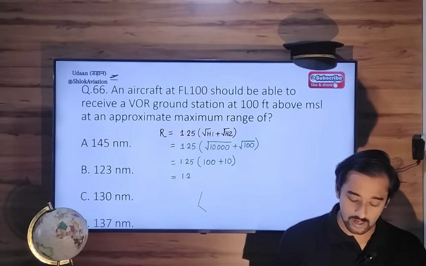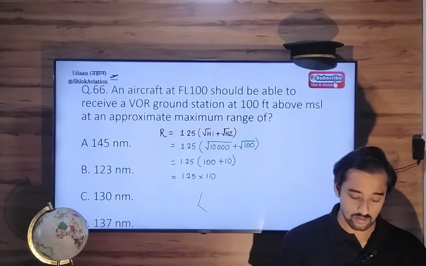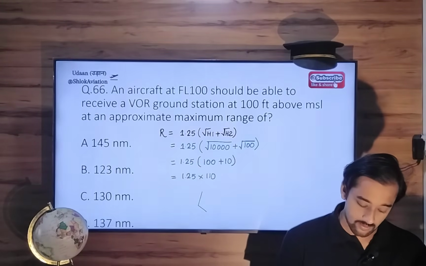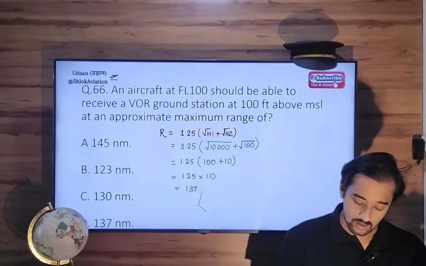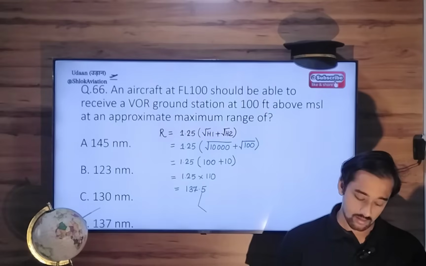So 1.25 into 110 is 137.5. The correct answer will be delta, 137 nautical miles.